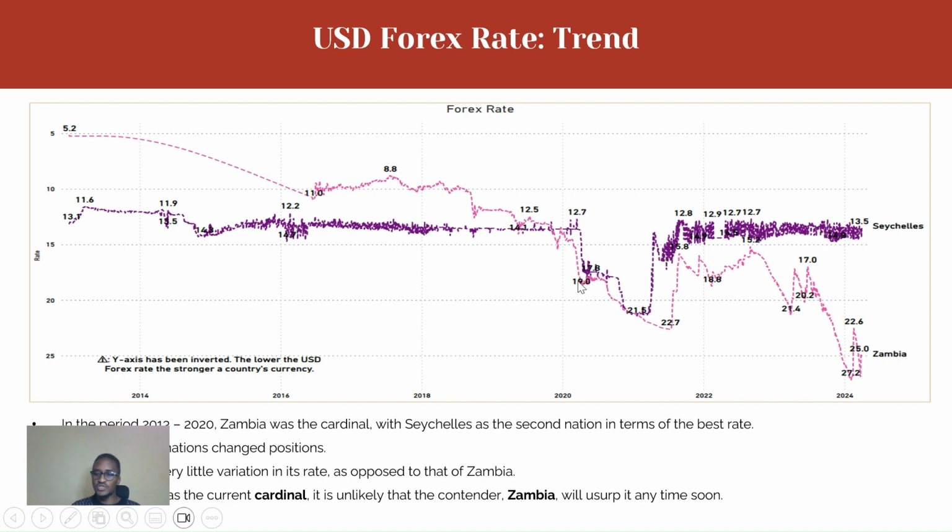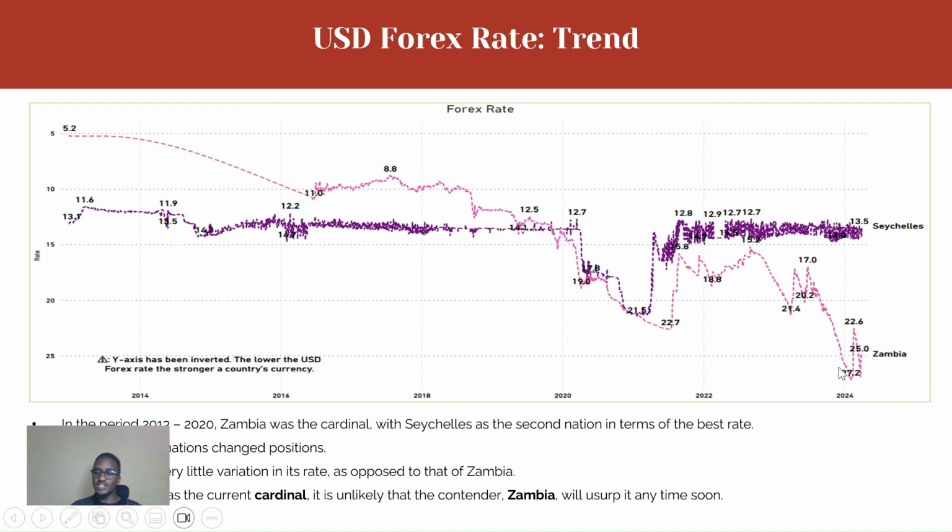around 2020, 2021, and then the kwacha also started gaining, but it now started losing, and its variability actually increased at that point. So it was now starting to move in a direction opposite to what was happening for the rupee here. Based on this, Seychelles is now the current cardinal, and now Zambia is the silent contender.